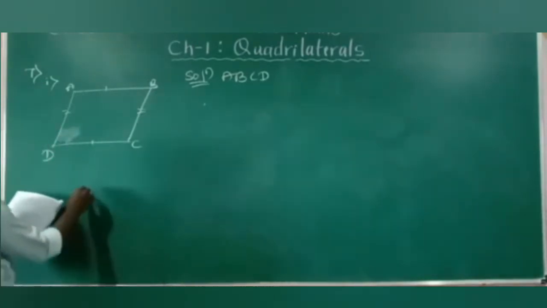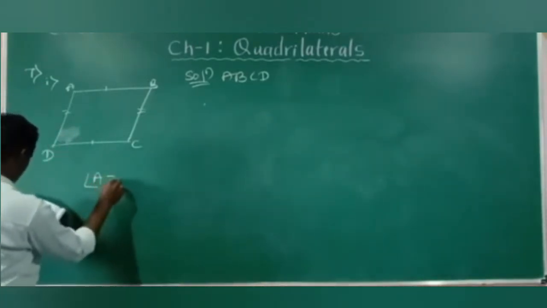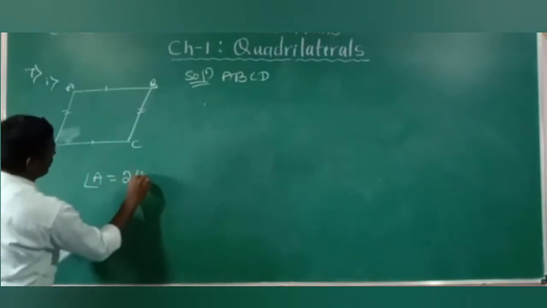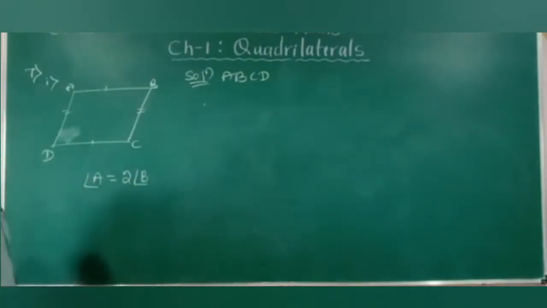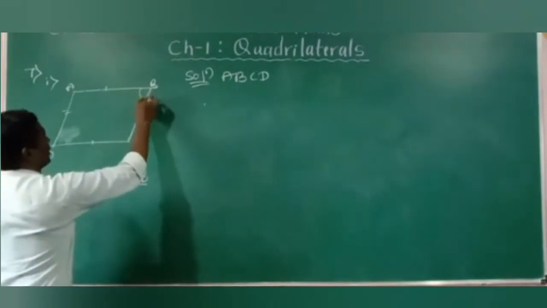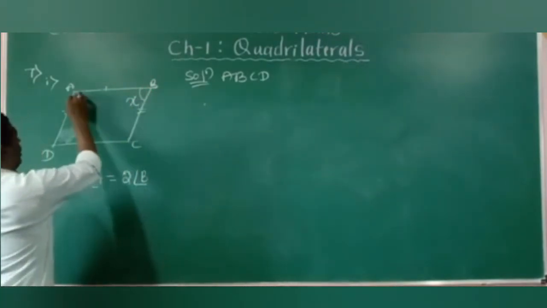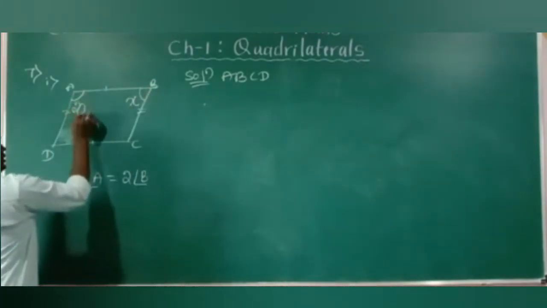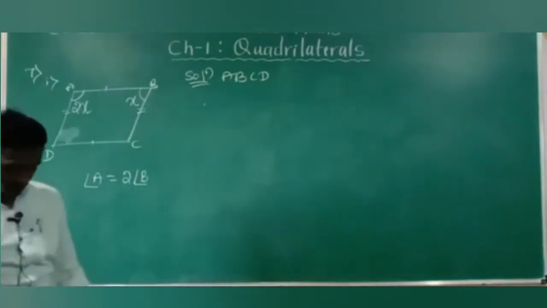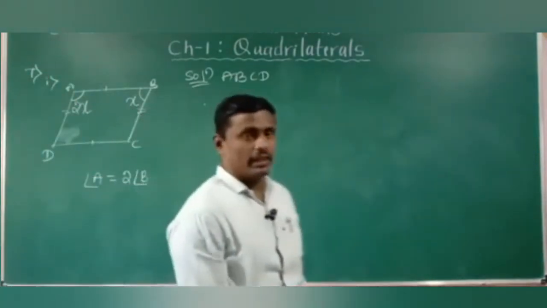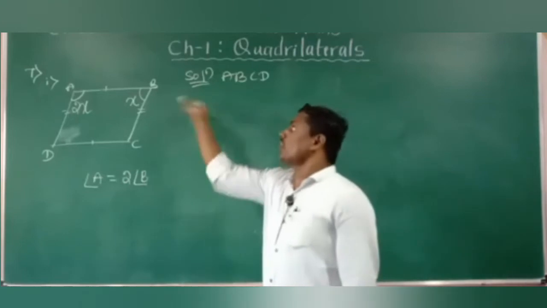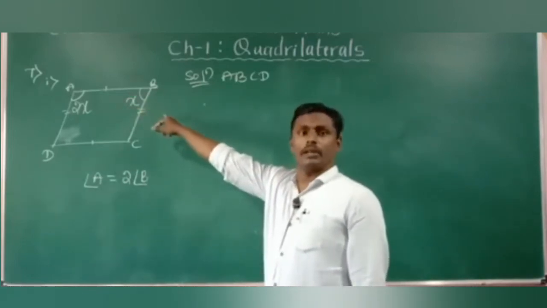Here they give one condition, that angle A is equal to 2 times the angle B. So angle B is considered as x and angle A is considered as 2x, because angle A is 2 times the angle B, right?